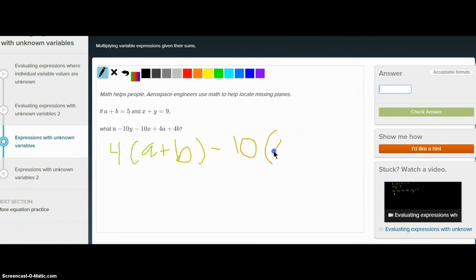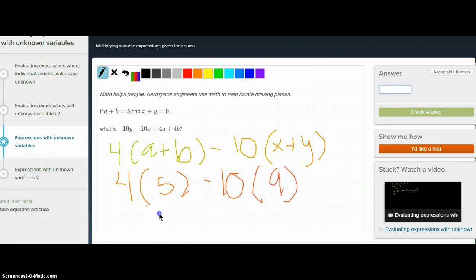And we have x plus y. And then we substitute the a and the b with 5. And we substitute x and y with 9. And then we have 20 minus 90 equals negative 70.